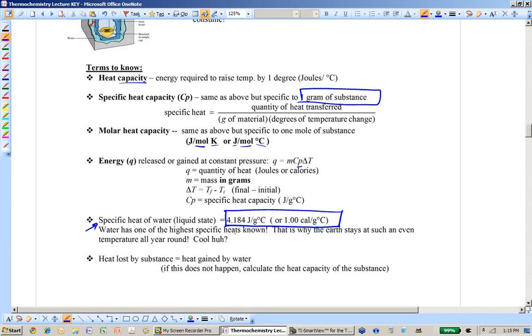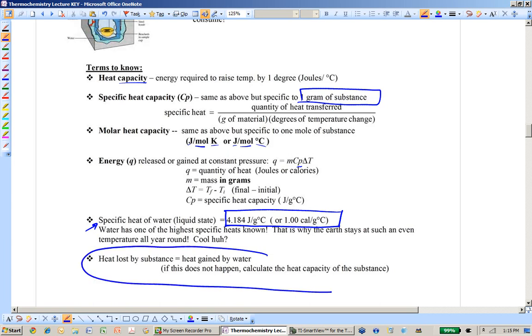So we make an insulative layer of ice on the top of a pond without the pond freezing all the way solid, so the fish can survive. They may be cold and a little bit grumpy, but they can survive. And then when spring comes, the ice cap begins to melt, and then the water will begin to warm, and the fish are happy again. So water's high specific heat really helps give us a thermal equilibrium in a lot of different ways in our atmosphere.